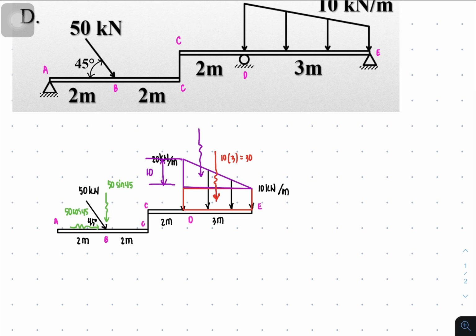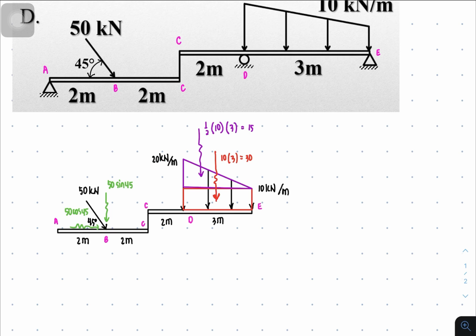Therefore, it's now the product of 1/2 times this 10, times 3. And this is 15. I hope you're not confused by that. So I'll just remove this because it's kind of clutter.